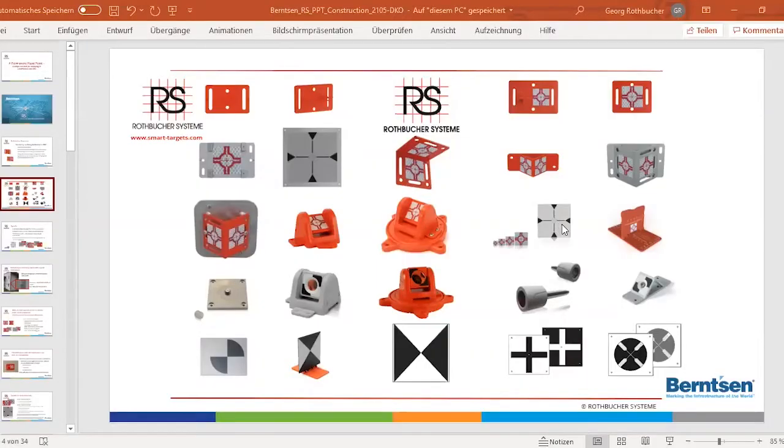So one of these targets, I'm going now to share my screen. I want to give you an overview about these things. So you can see here now a part of my targets that I have developed.